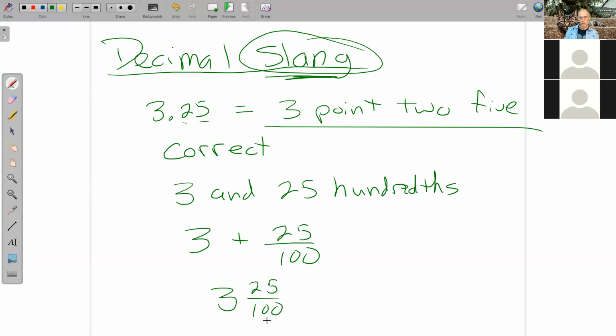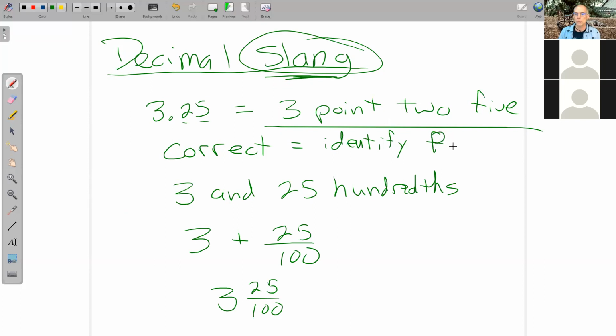Okay? Correct way is to identify the place value. It's a little different than expanding it, but that's the correct way to read a decimal. And it's something we have to really think about and practice because we are so used to the slang version of these. So identify place value.